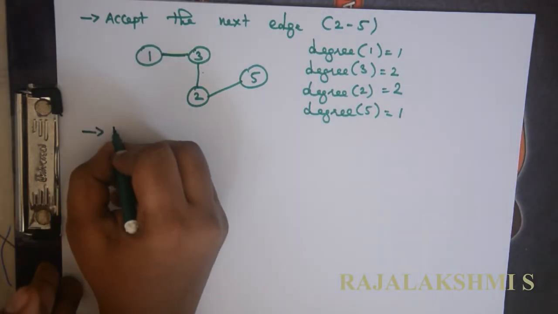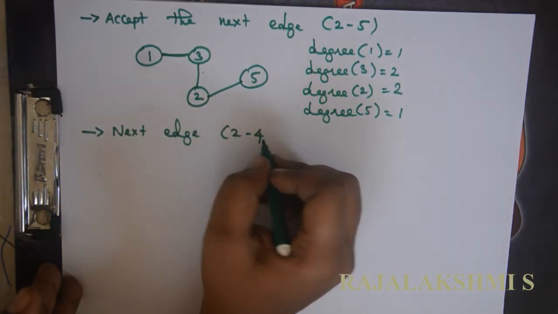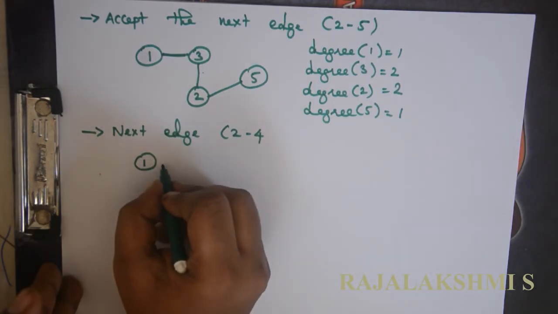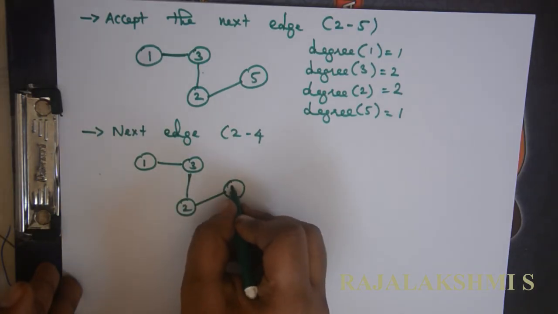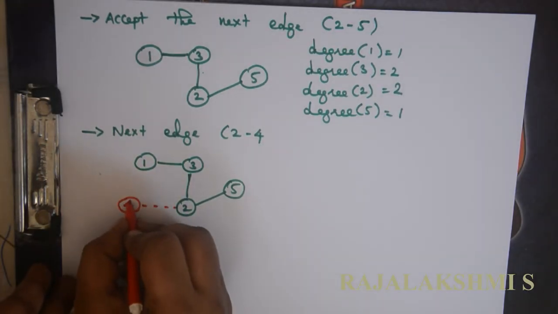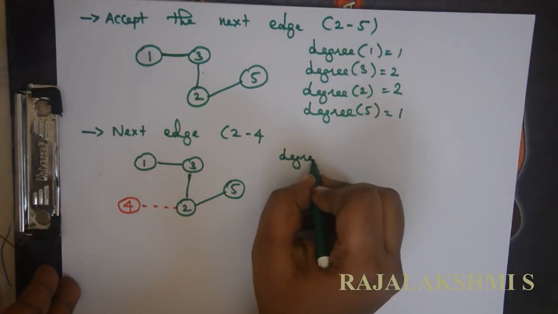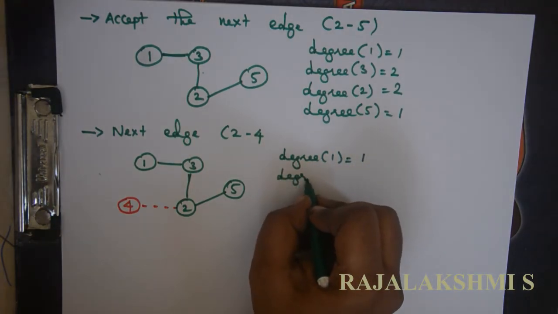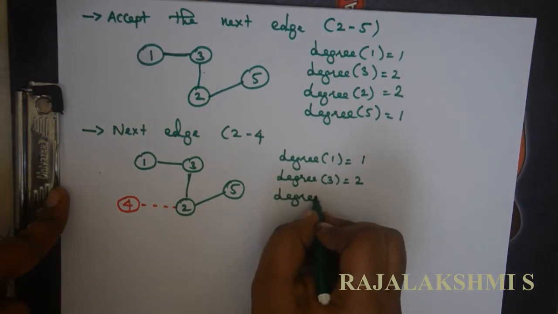So now the next edge is 2 to 4. Upon accepting the edge 2 to 4, what happens? We have 1 to 3, 3 to 2, and 2 to 5. The degree of 1 is 1, the degree of 3 is 2, and what about the degree of 2 now?